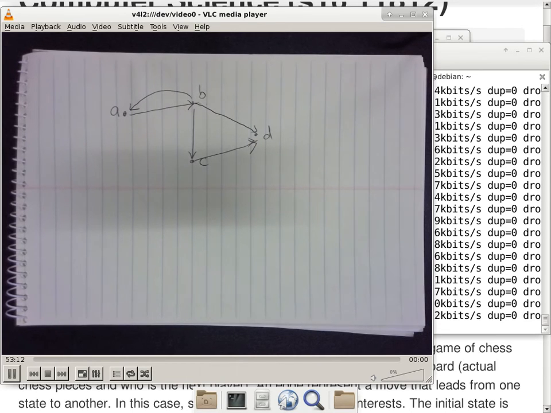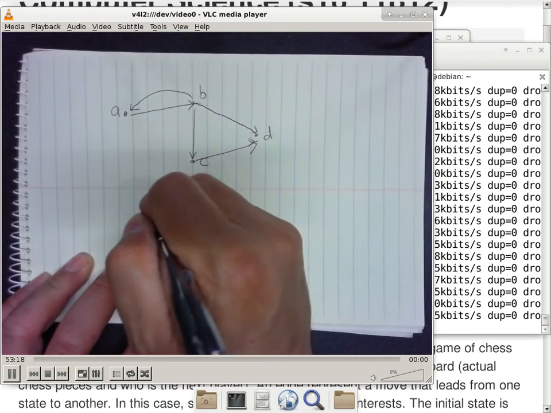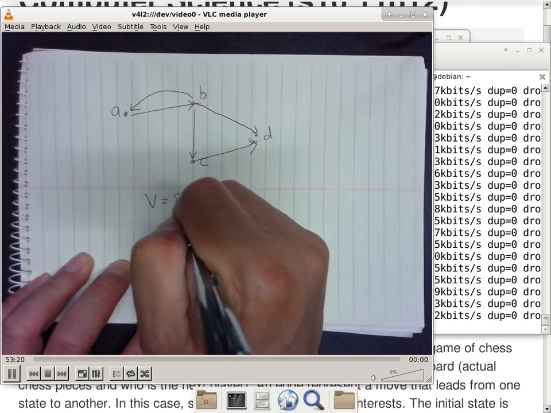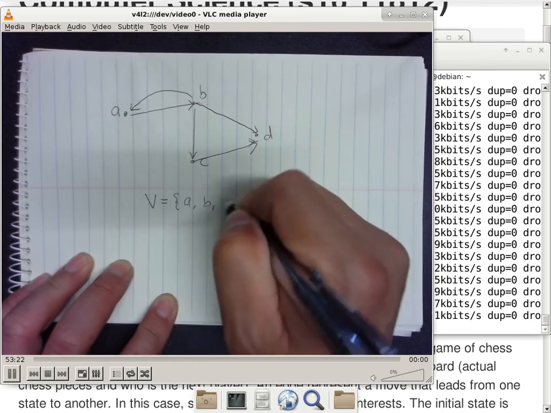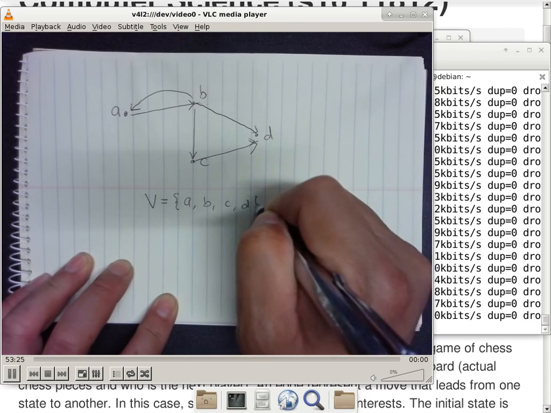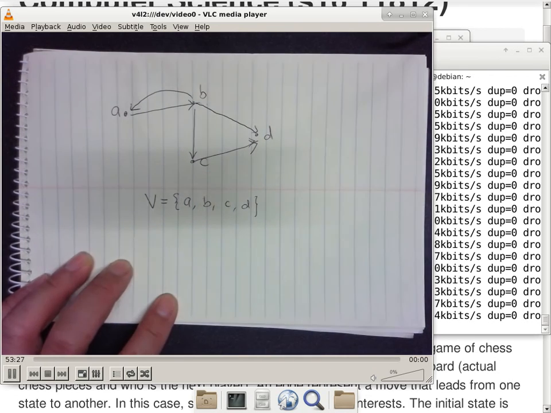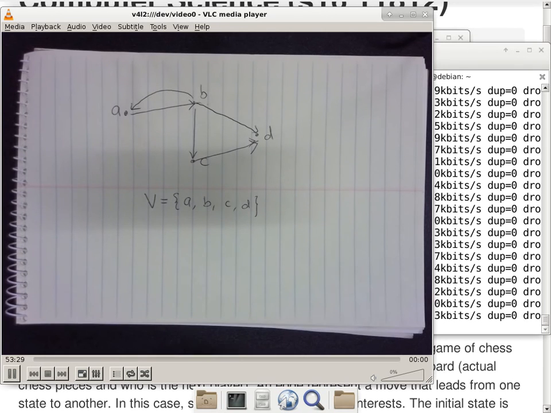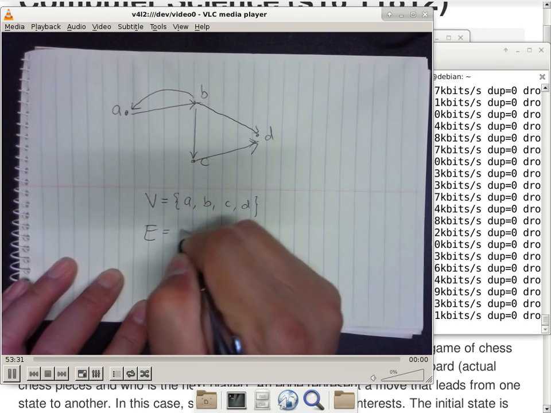Okay, so this is the graphical representation, but we want to use a set notation to represent this. So in this case, V, which is the set of all the vertices, is really just A, B, C, D, because the vertices are the individual points. Okay, what about the edges? E is the set of all the edges.